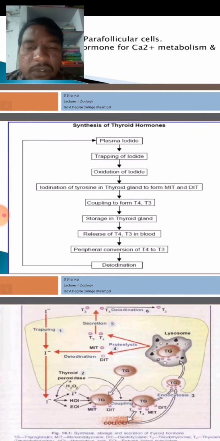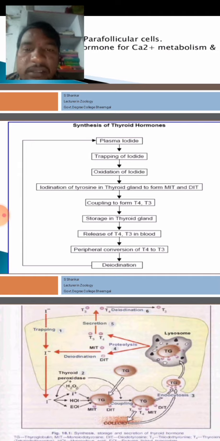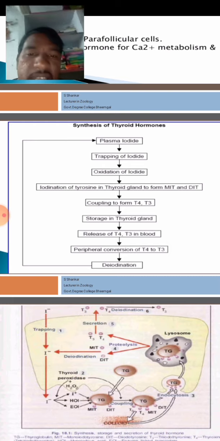Synthesis of thyroid hormone: first, plasma iodide. Second is trapping of iodide, and next is oxidation of iodide. Deiodination is very important.